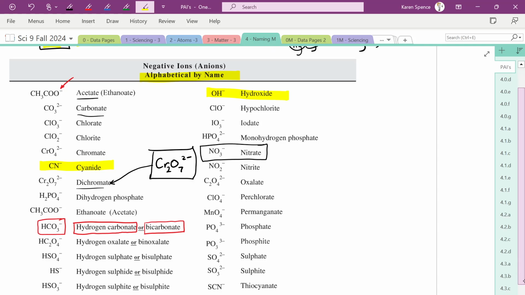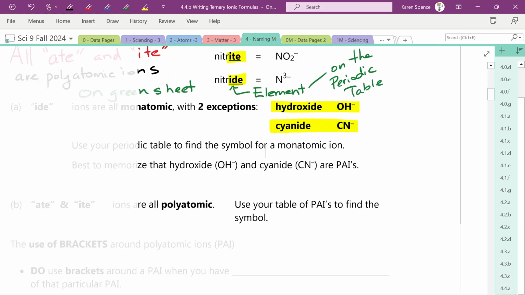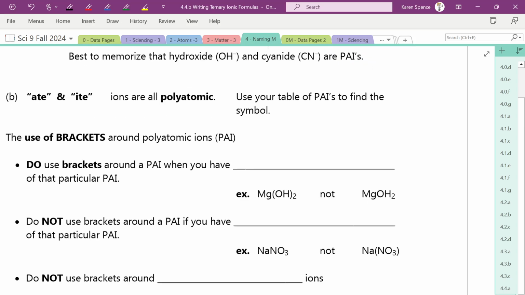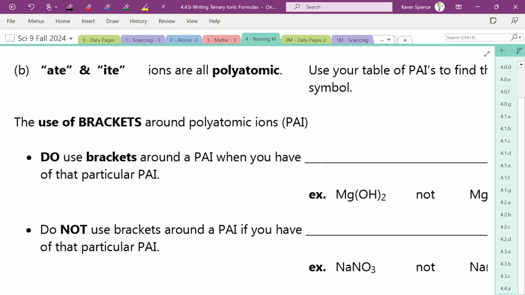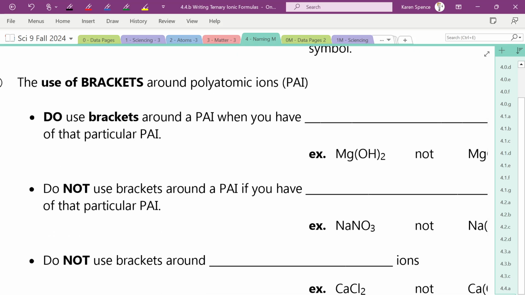Okay, 4.4. We'll talk about brackets. If there are no brackets, how many of a polyatomic ion do you have? Just one. So if you have just one of a polyatomic ion, you are not going to use brackets.